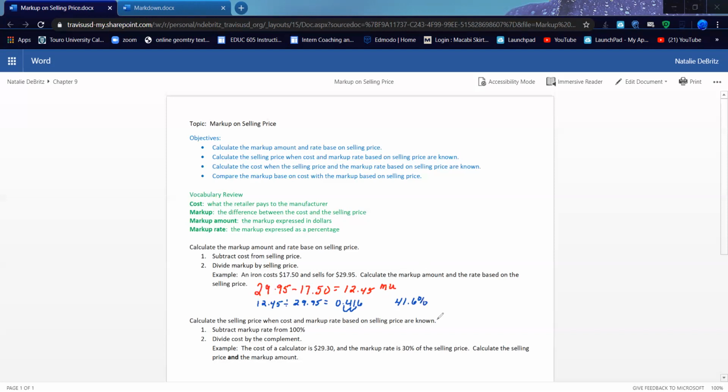Okay. The next part of this that we're going to do is calculate the selling price when the cost and the markup rate based on selling price are known.